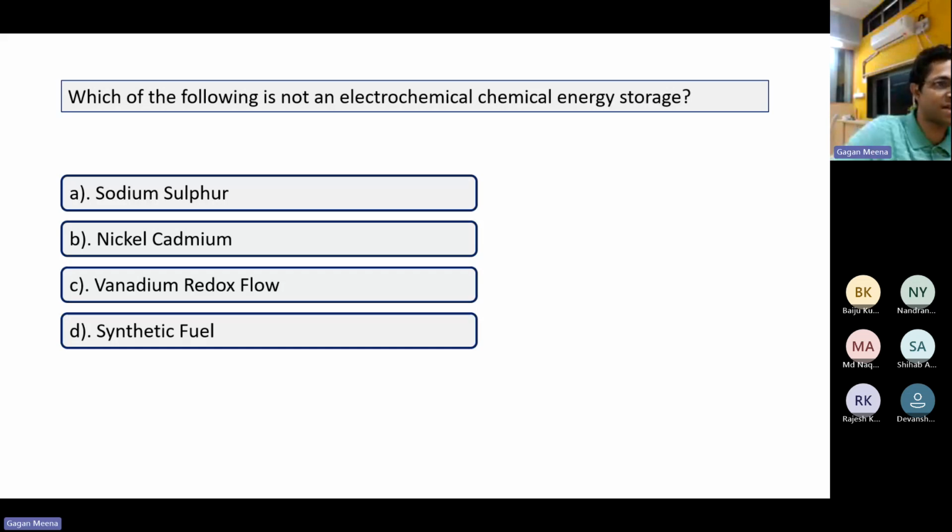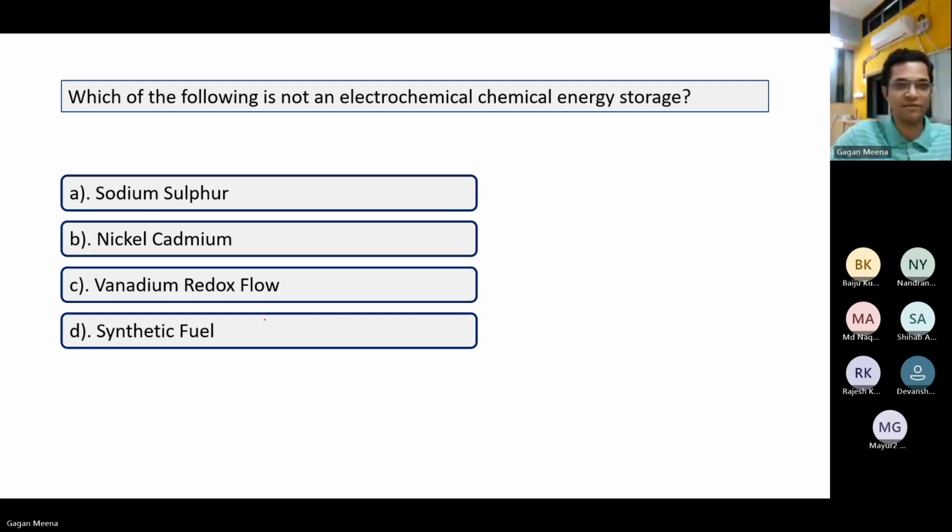You can type in the chat box also. Which one is not an electrochemical energy storage system? Chemical has come twice here. Anyone?